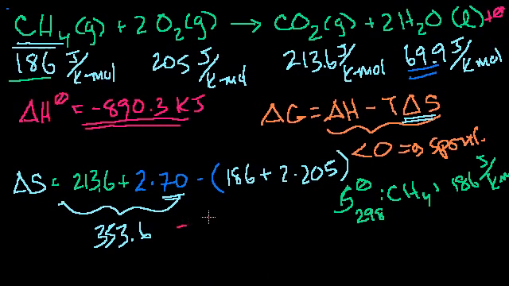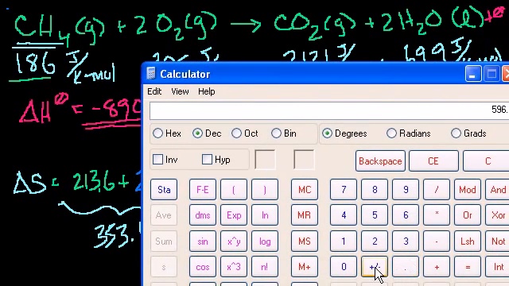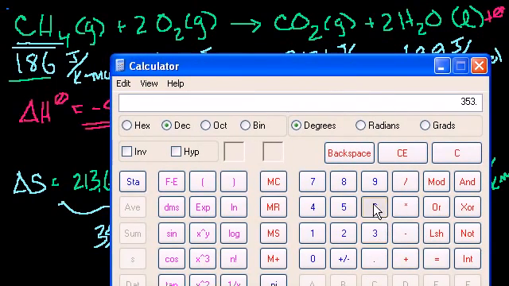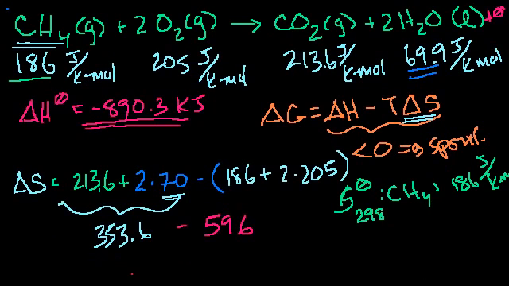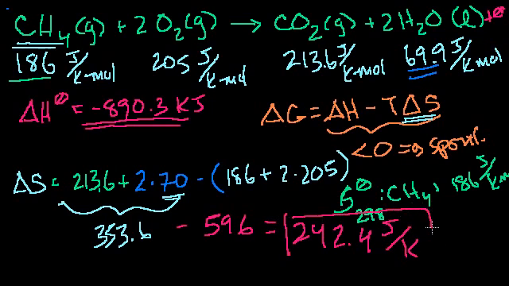So minus 596. And what is that equal to? We put the minus 596 and then plus the 353.6, and we have minus 242.4. So this is equal to minus 242.4 joules per Kelvin, which is our delta S.